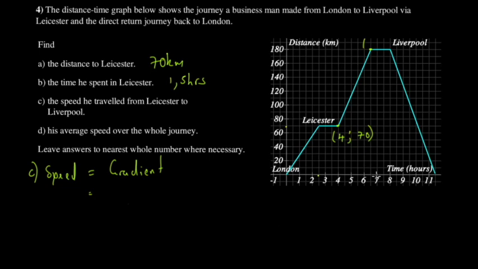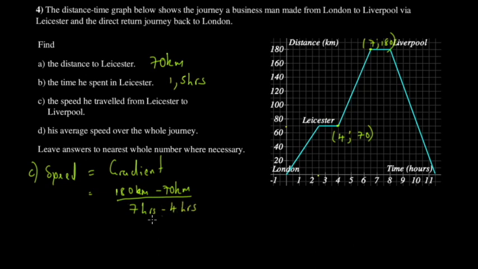And then this one is 7, and it's 180. So the gradient is equal to 180 kilometers minus 70 kilometers, over our change in time, which is 7 hours minus 4 hours.